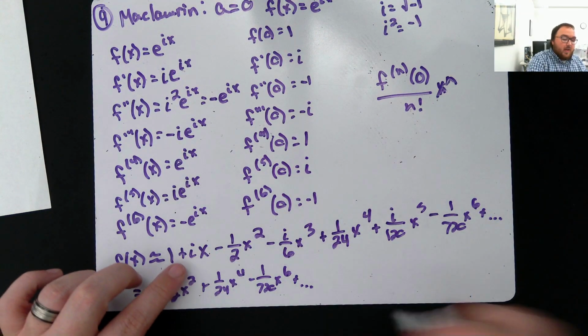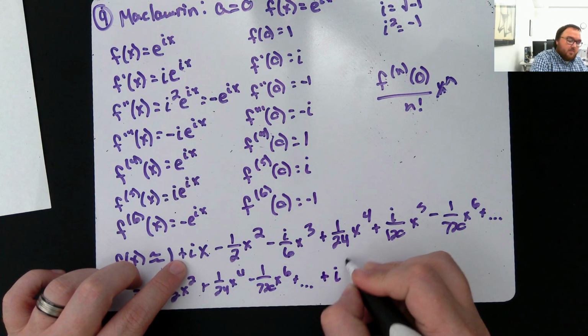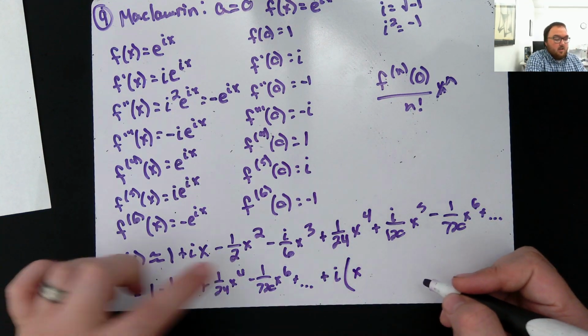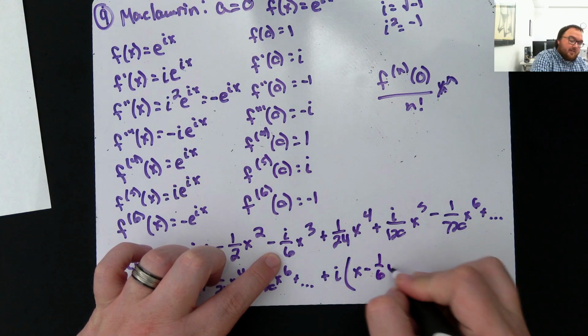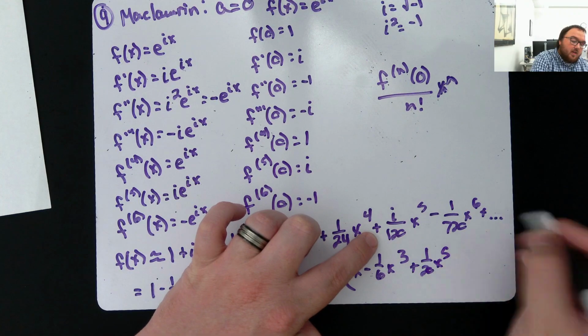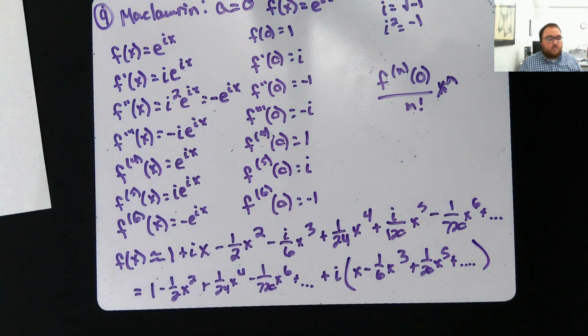And then every term with i, I'm actually going to factor it out, because everything with an i, this would just be an x minus 1/6 x to the third plus 1 over 120 x to the fifth, and it would keep going on and on.